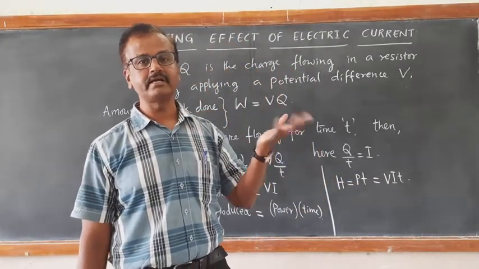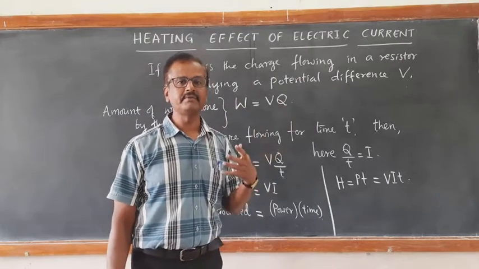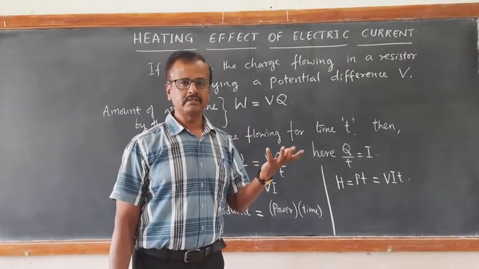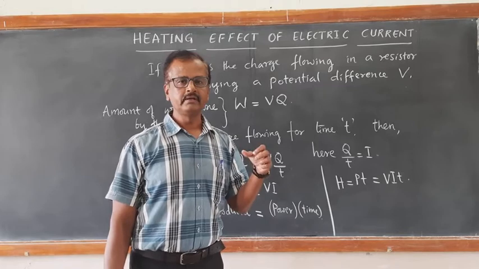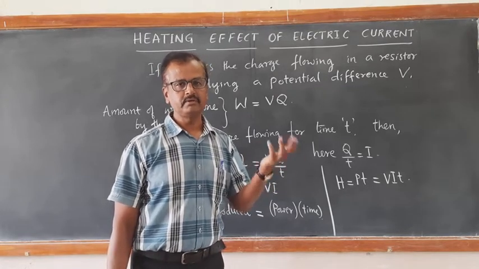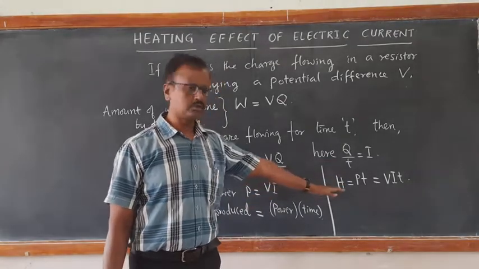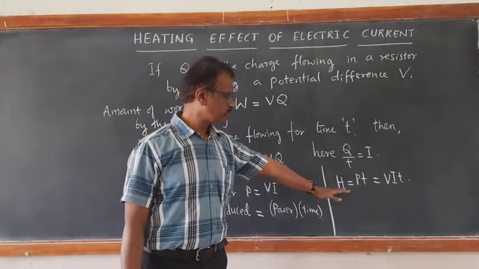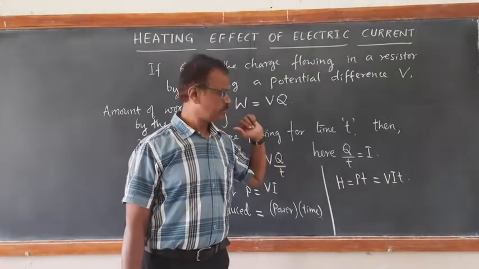It may be 5 minutes, 10 minutes, or half an hour. For example, when the electric iron is used for half an hour, 1 hour, how much is the total heat that is produced? That will be calculated using this VIT.